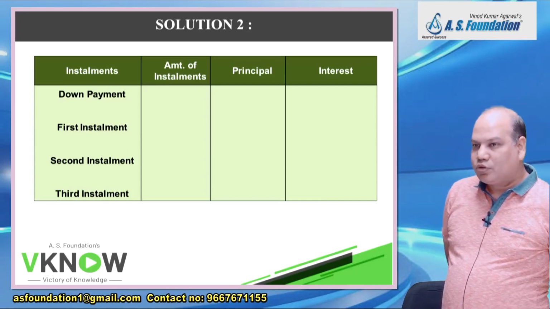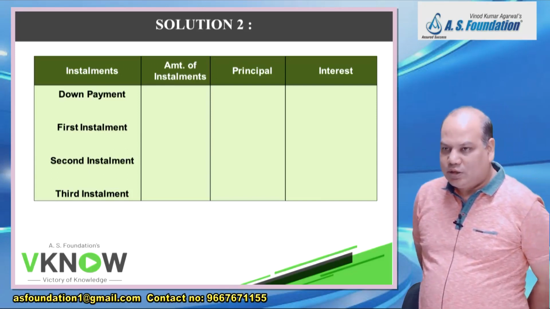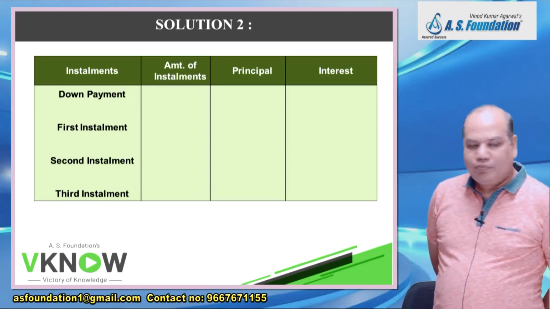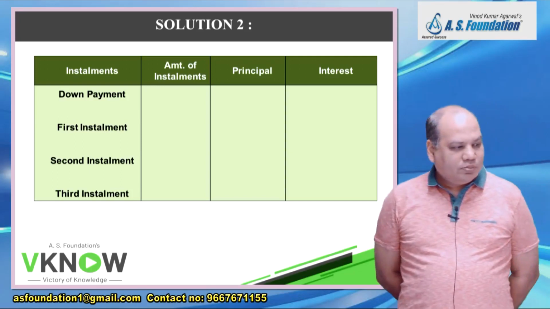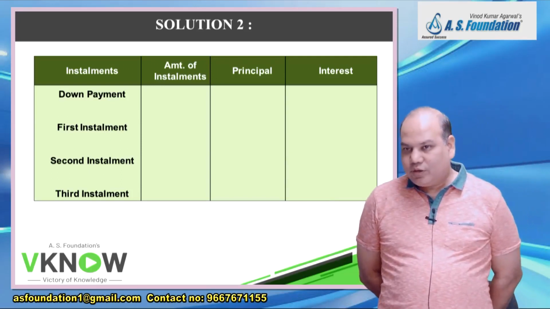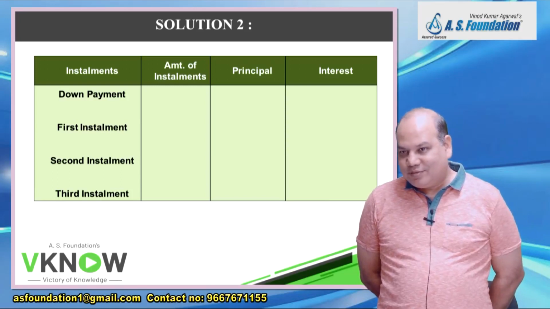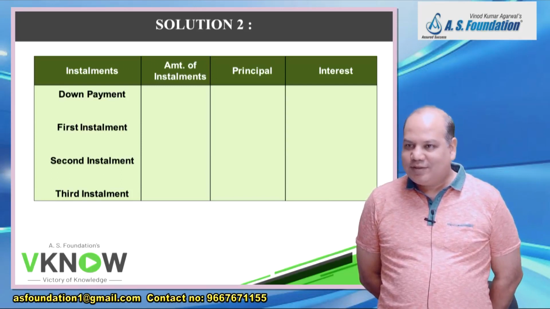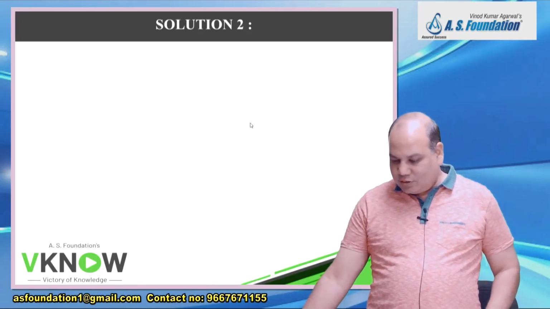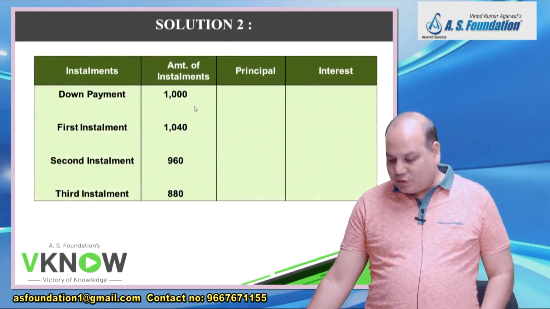This amount of installment we have to divide into principal and interest. So two columns, principal column, interest column. Write down: down payment, first, second, third.